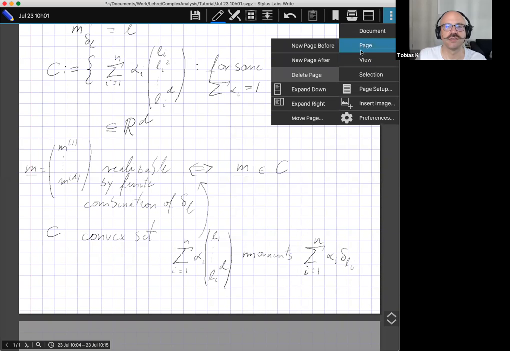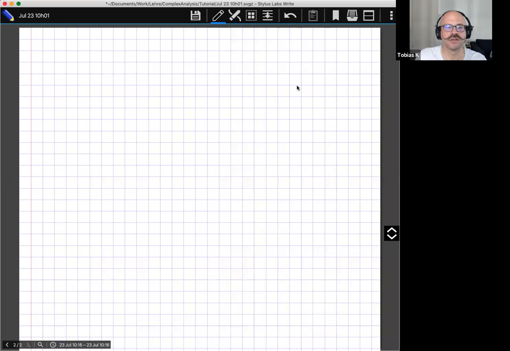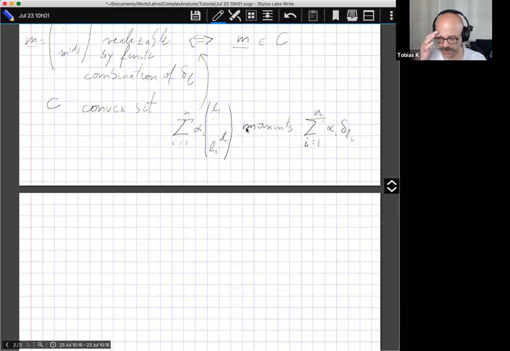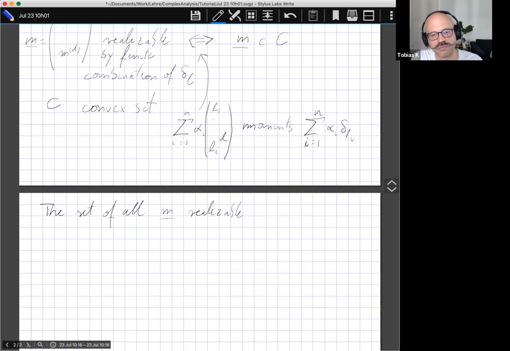Now, let me give you a definition of the set D of all m realizable by a probability measure on N_0.